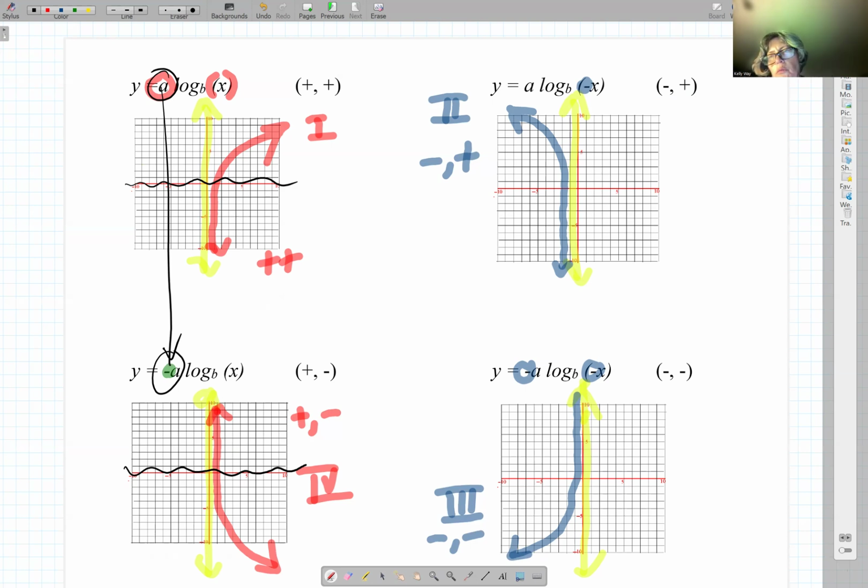So it's a double reflection, if you will. So again, here was the original. There's the original parent function. So we flipped it over the y, and then we flipped it over the x. And that's what got the double negative right there. So keep those 4 visuals in mind as we do our graphing.